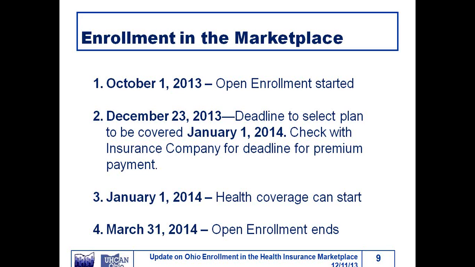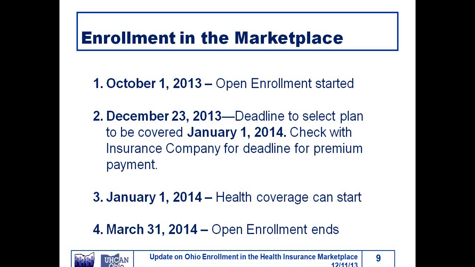So if you fill out your application and are found eligible by December 23rd, you can get insurance on January 1st of 2014. You must check with the individual insurance company as to the actual deadline for paying the first month's premium. Know whether you have to pay the premium by December 23rd or whether the insurance company will give you a later deadline.